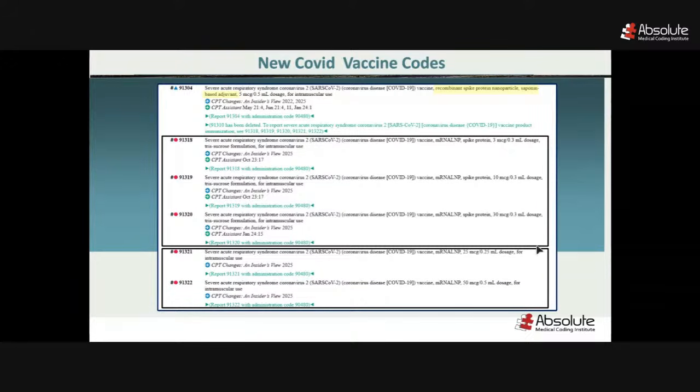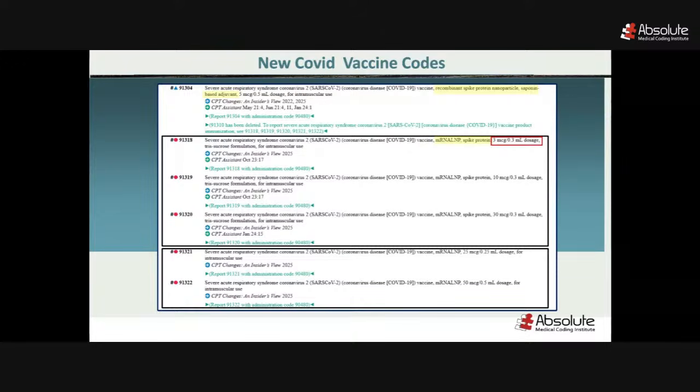We also have the codes 91321 and 91322, and these are also for the mRNA LNP COVID-19 vaccine, but they differ in their dosage and the volume. 91321 is for 25 mcg per 0.25 ml, intramuscular route of administration, and 91322 is for 50 mcg per 0.5 ml, intramuscular route.